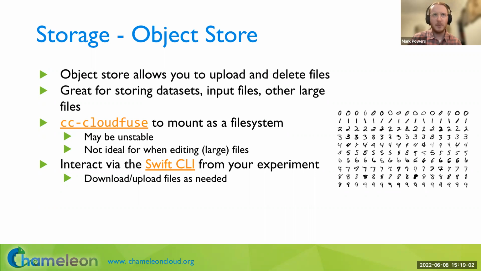We have some documentation on this, but this is a program that you run and it will mount the object store as a directory. You can read and write files into that directory just as you would any other directory, and use that to store your data. That'll let you upload more files than the drive in your node may fit. There are some limitations of Cloud Fuse. We find it to be kind of unstable.